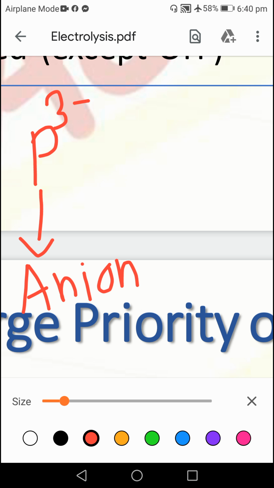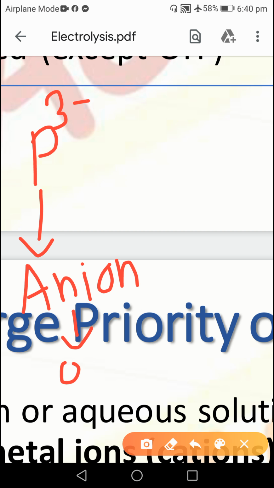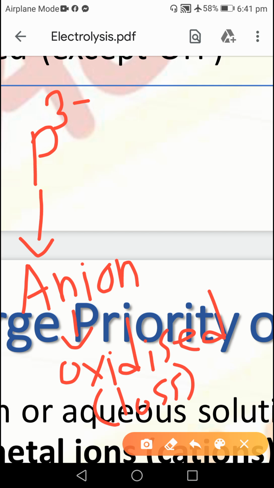Cations are reduced, that is reduction of cations, RED CAT. So it should be oxidation of anions, and oxidation means what? Since there is reduction of cations, the anion has to be oxidized, which means loss of electrons.